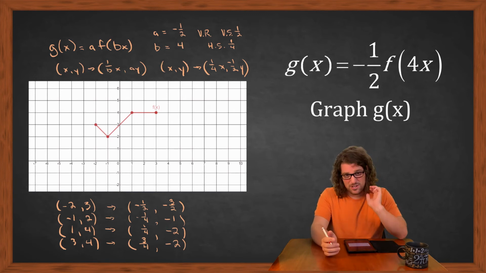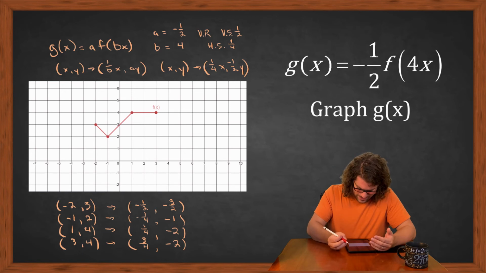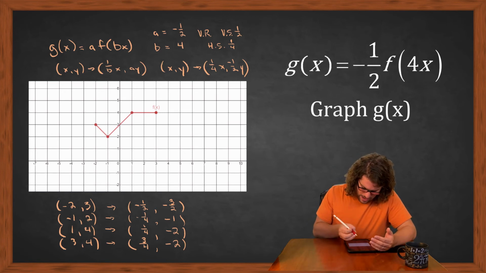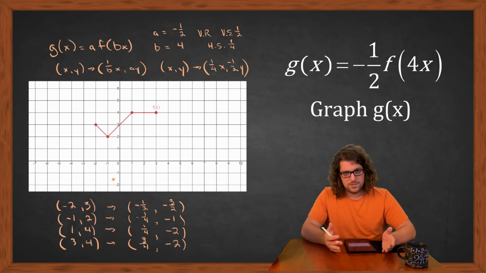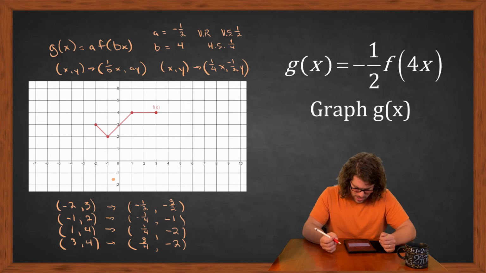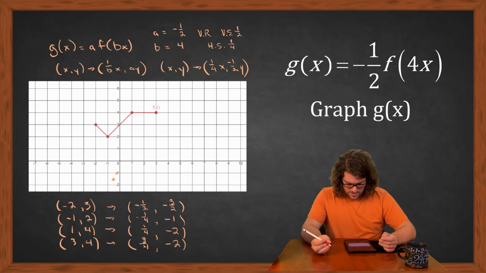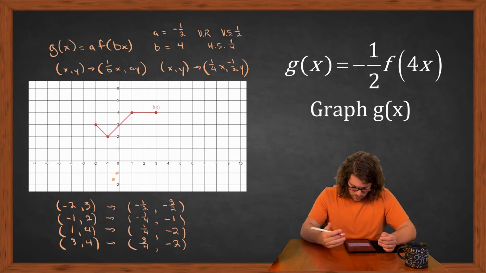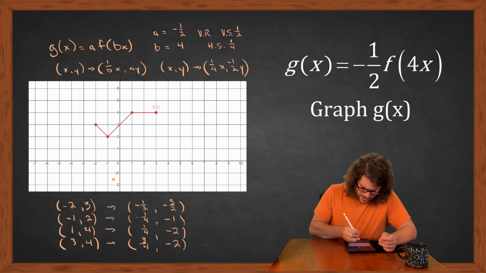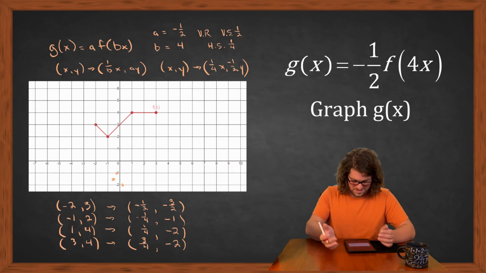That's why I have negative y values for each and every one of those. Looks great. So now I just have to carefully place these points. So we have (-1/2, -3/2). That's going to be about right here, halfway in between -1 and 0, and halfway in between -1 and -2 on the y-axis. (-1/4, -1) is about halfway in between that and the axis, on the -1 position for the y. (1/4, -2) is somewhere around right there, about the halfway point in between 1/2 and 0.